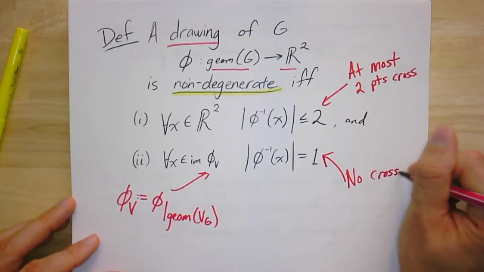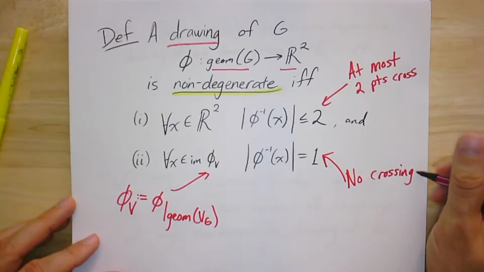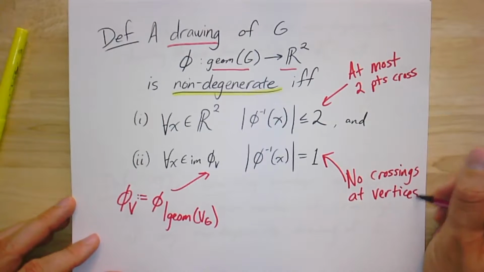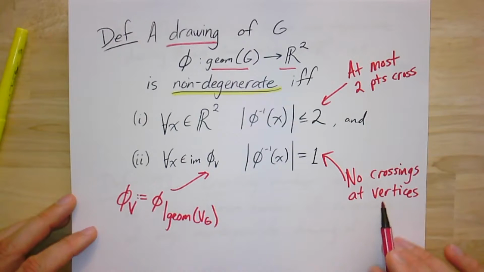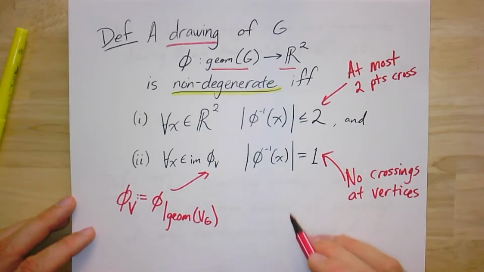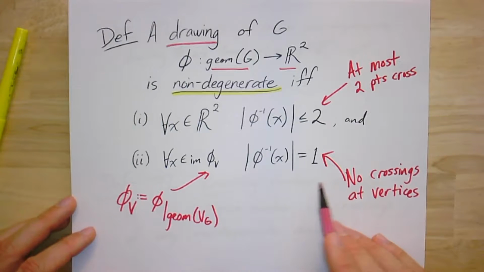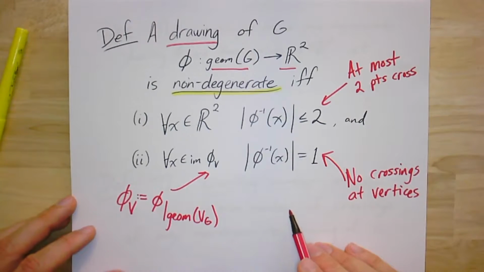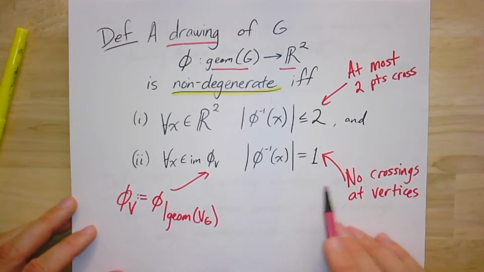And there's 2 kinds of bad situations that this condition avoids. The first is it avoids having 2 vertices land on the same spot. It also avoids having a vertex land right on an edge. Okay, so neither of those 2 things can happen.